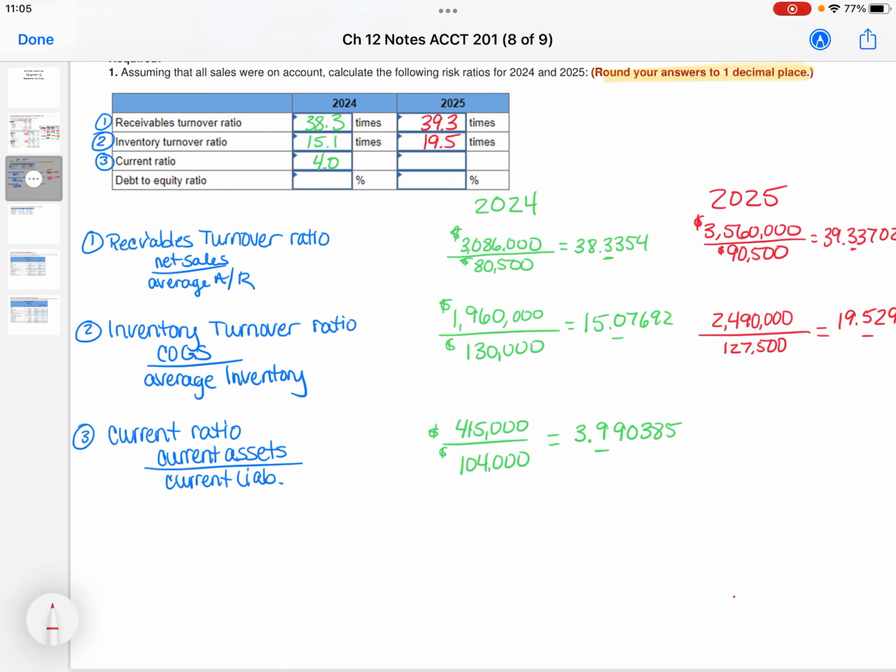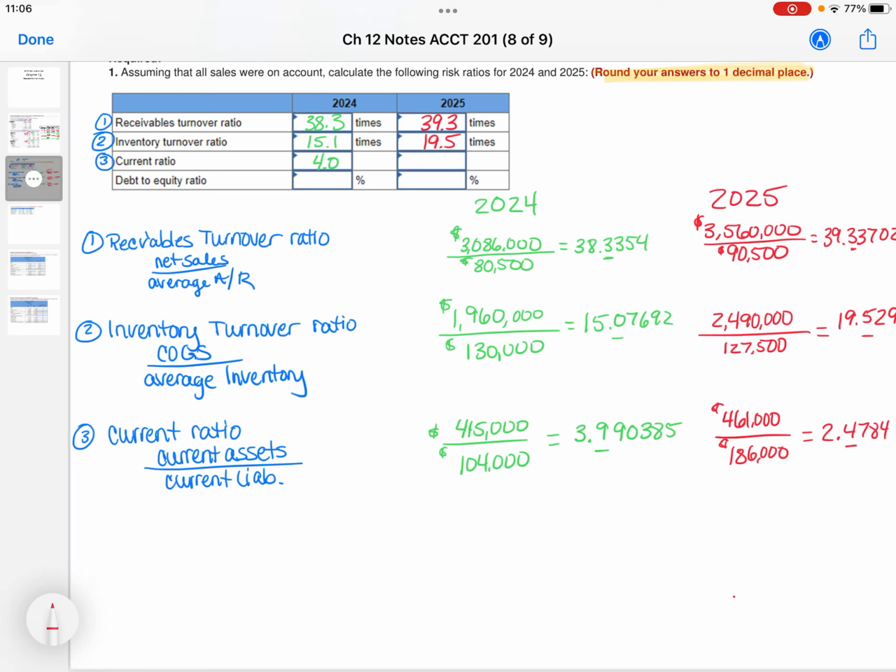All right, let's look at the current year. So what we have for this year is $461,000 in current assets and current liabilities. So we went up in current assets, we went up in current liabilities, $186,000 for current liabilities. So we end up with 2.4784.